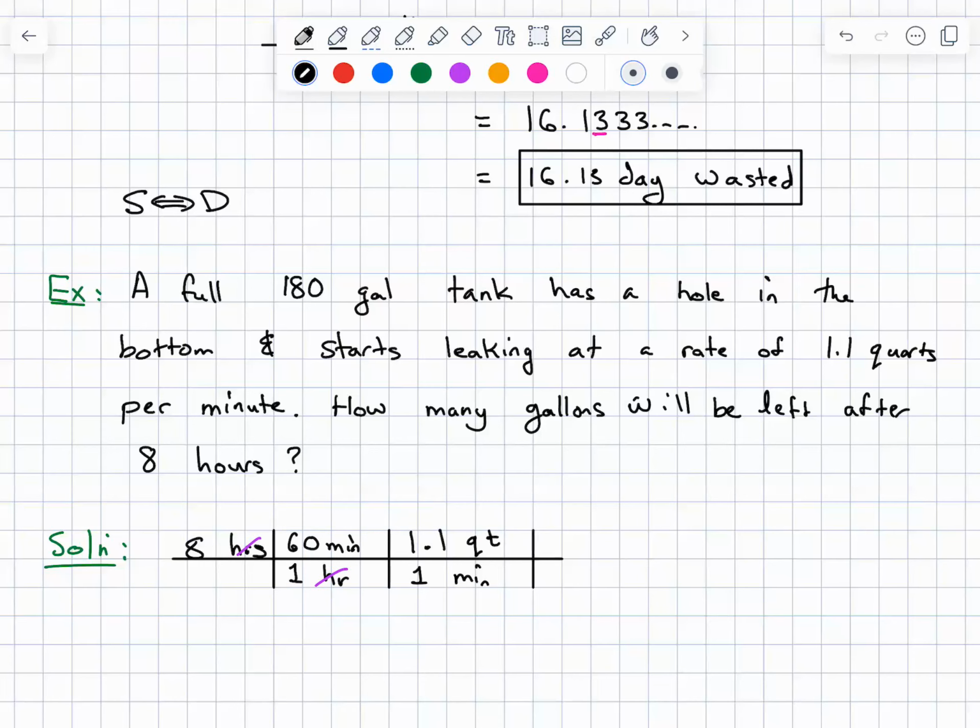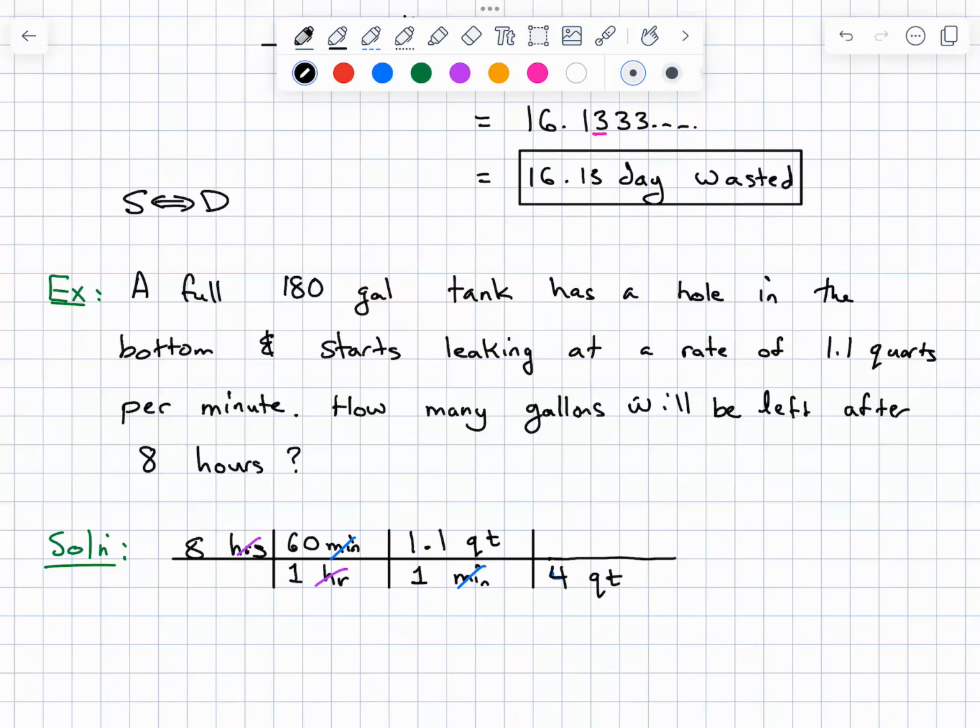The reason we're going to add another unit conversion: the minutes cancel, but now I just have quarts, which is a liquid measurement, which is good, but not good enough because I want gallons, because my original amount was in gallons. I have 180 gallons in the tank. I want to know how many are left. So in order to subtract off what's left, I need it in gallons. So there are 4 quarts in every gallon, and you do not need to memorize that.